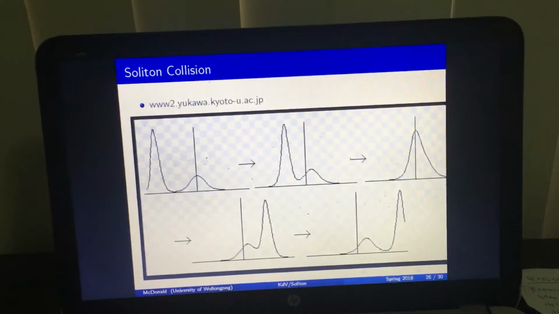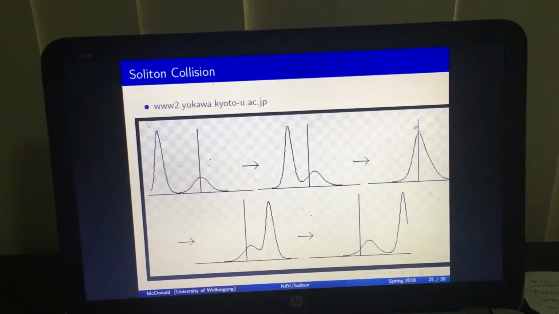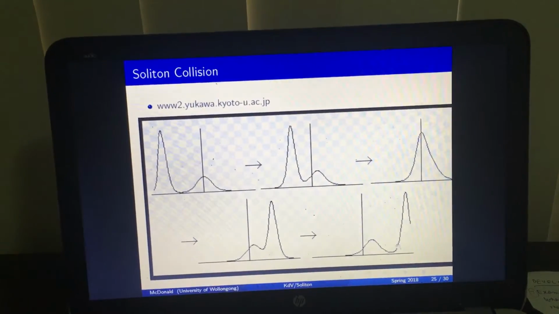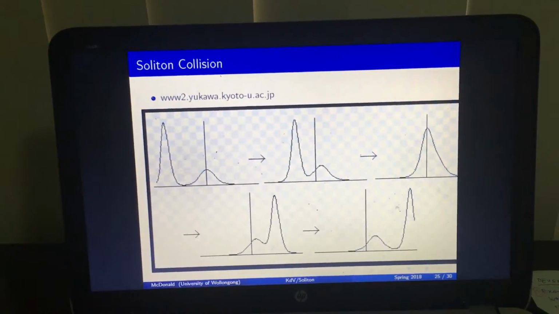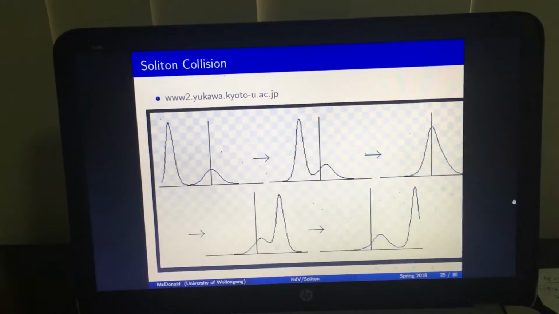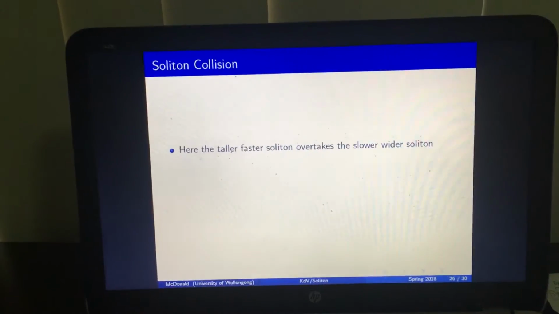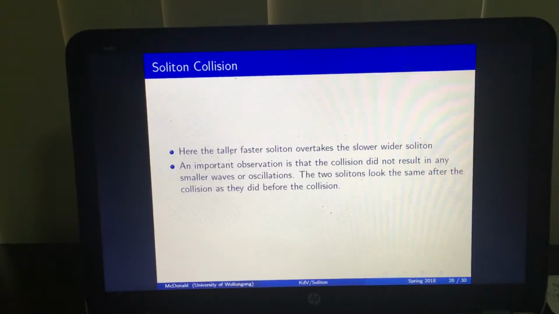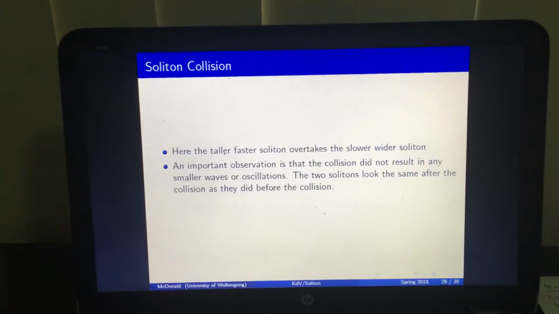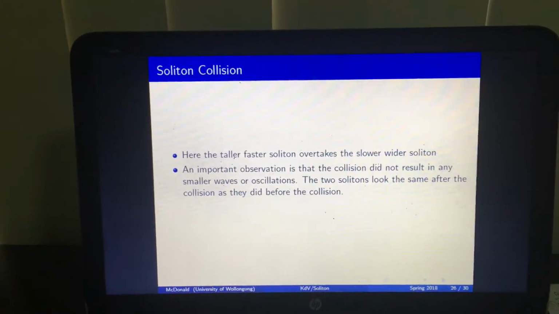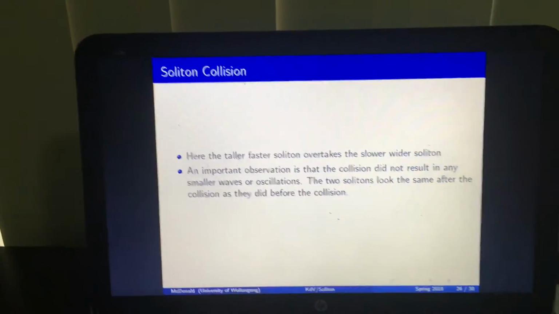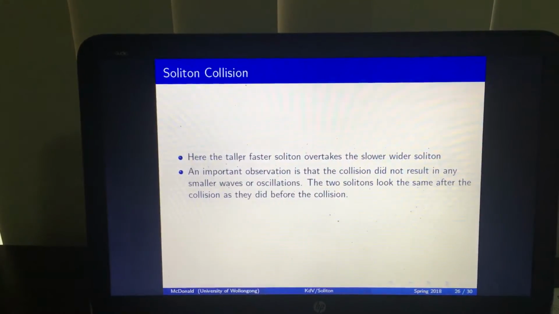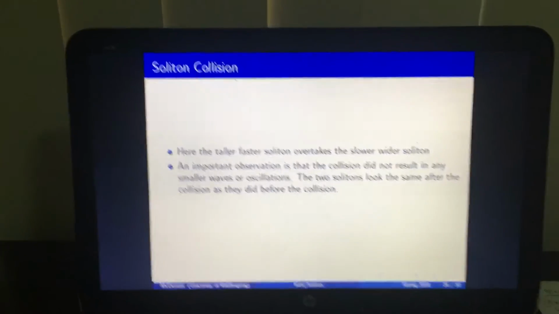So even though there's a collision here in panel number 3, the solitons retain the same properties after the collision. It's a really important observation that the collision did not result in any smaller waves or oscillations. And the two solitons look the same after the collision as they did before the collision.